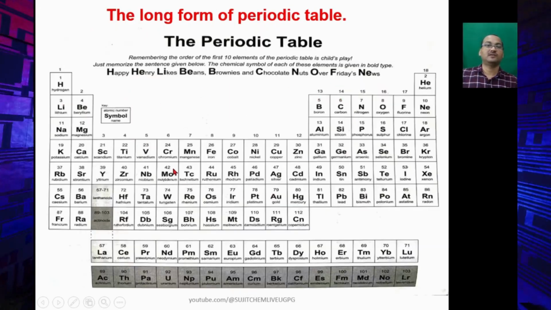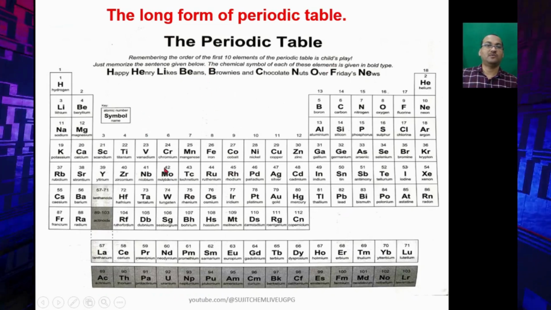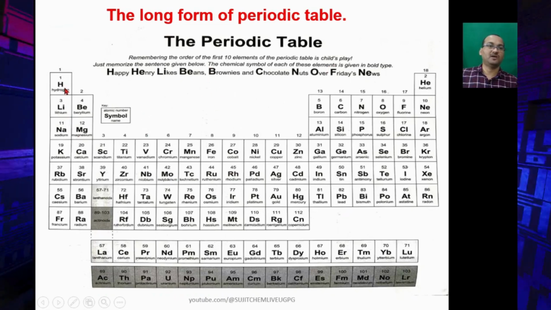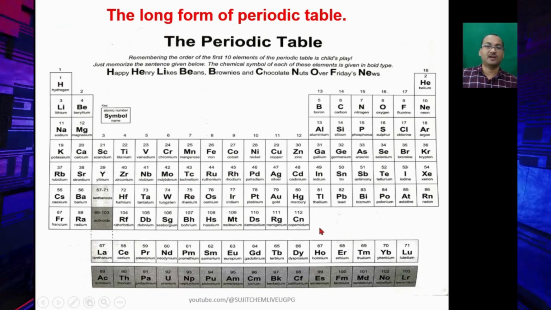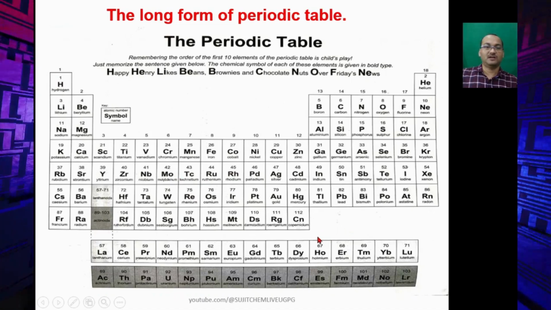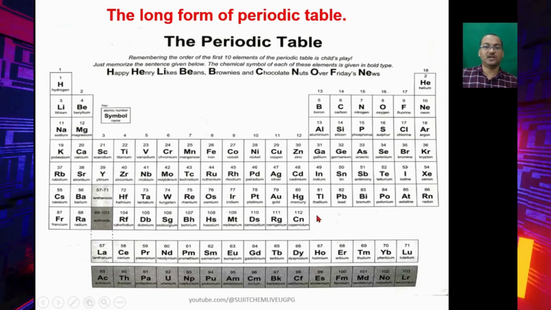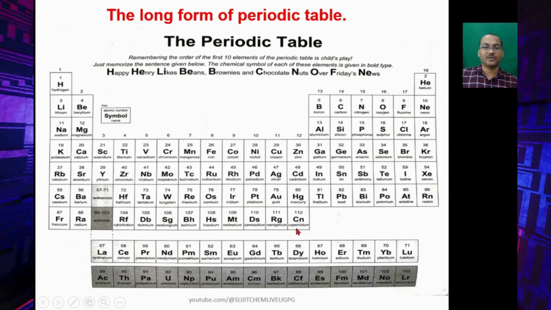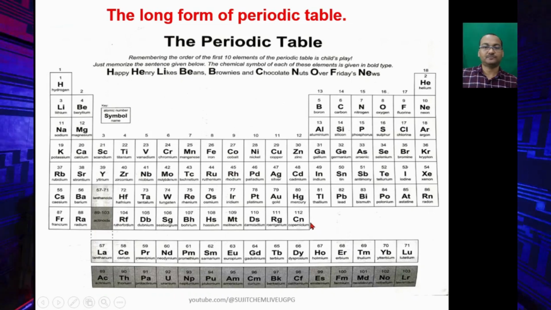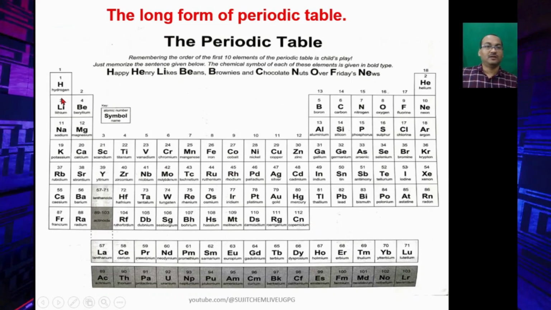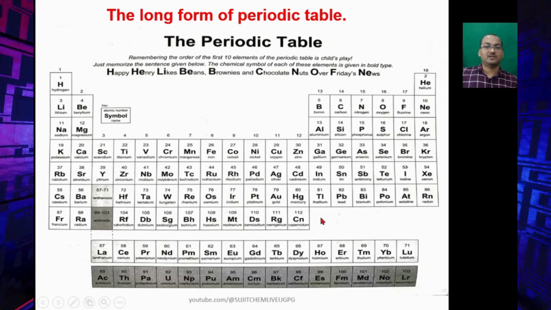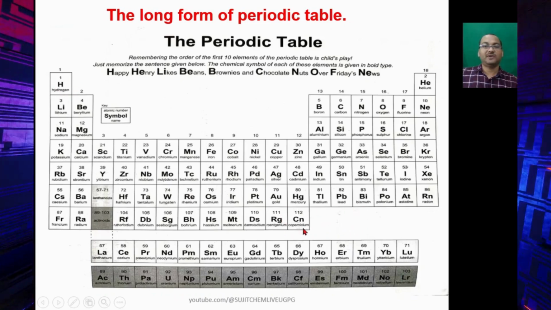Here is the modern periodic table. Atomic number 1 starts from hydrogen and it ends here with 112, Cn, copernicium. Till now 118 elements have been discovered.